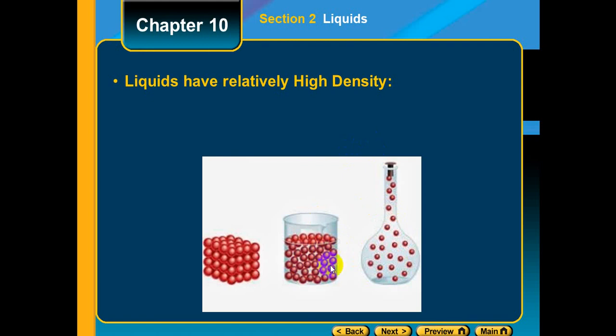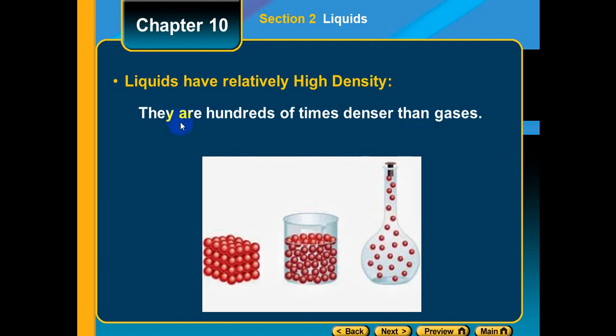So the density of a liquid is much higher than the density of a gas. Liquids are hundreds of times denser than gases due to the particles being closely packed together.